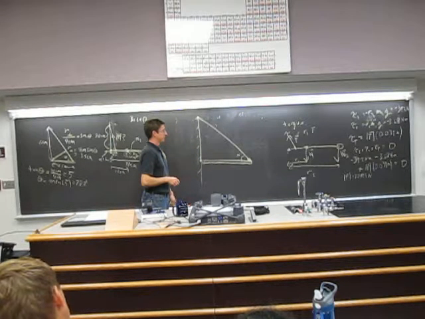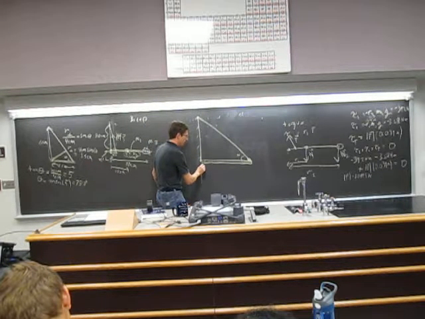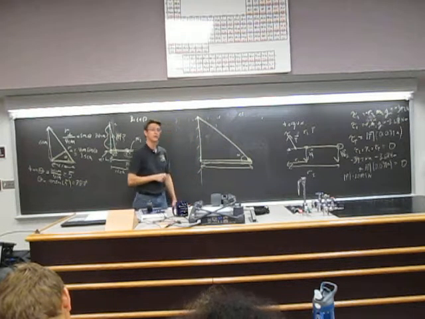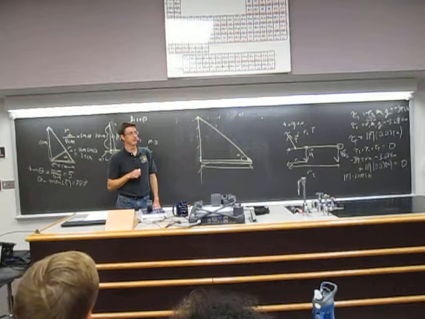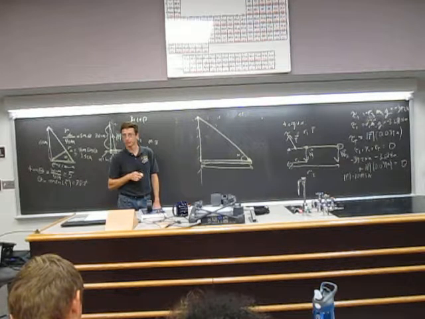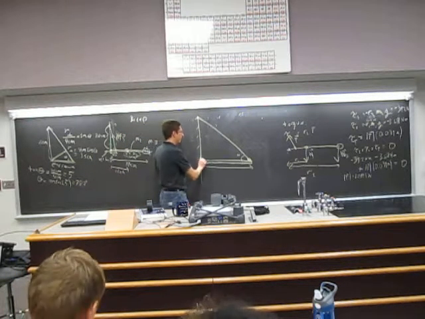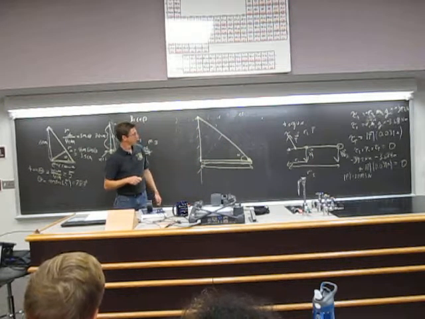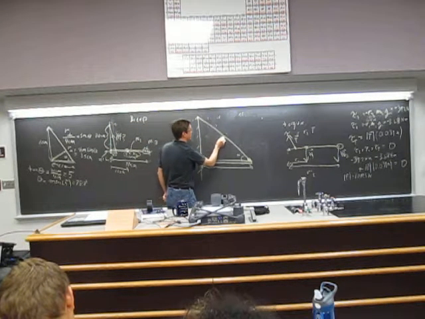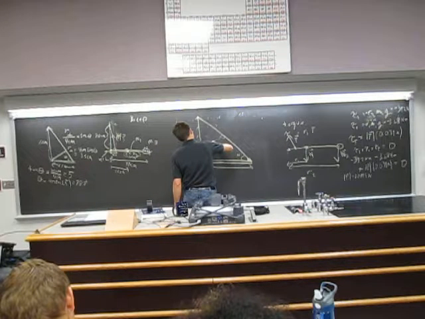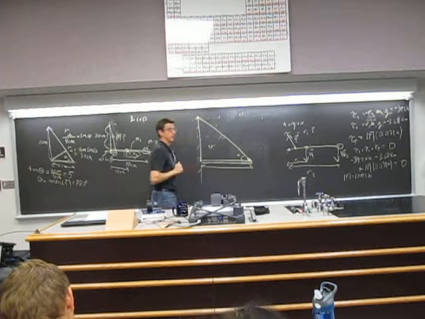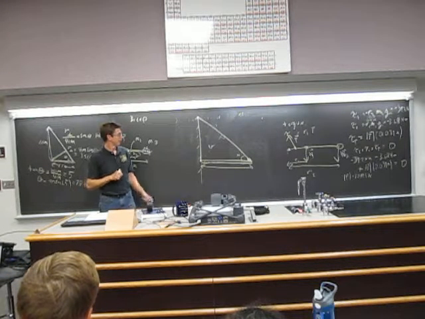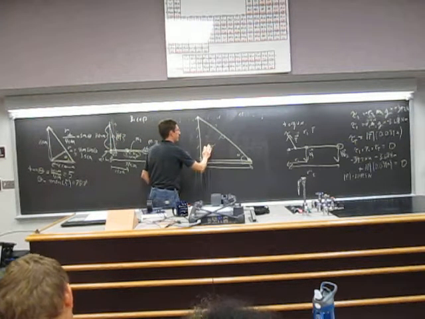Then it's really easy to figure out the distance from the pivot point to where the force is applied. That's just the length along the boom. But figuring out the perpendicular distance is a little tricky. The perpendicular distance would be this, wouldn't it? What is that, R1? And then R perpendicular, yeah.